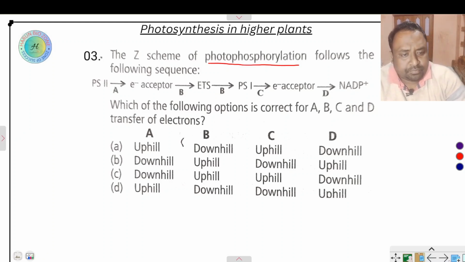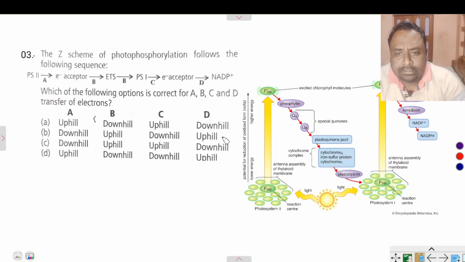Here the question is explained as follows. This is photosystem 2, which absorbs light of 680 nanometer wavelength. This is the low energy state, but when it is excited it is the high energy state.